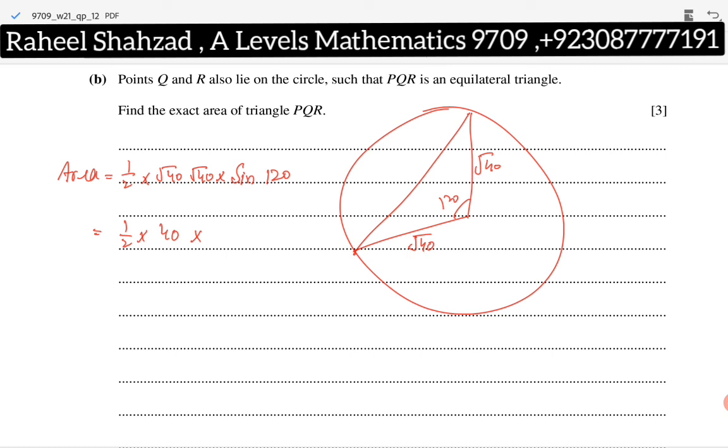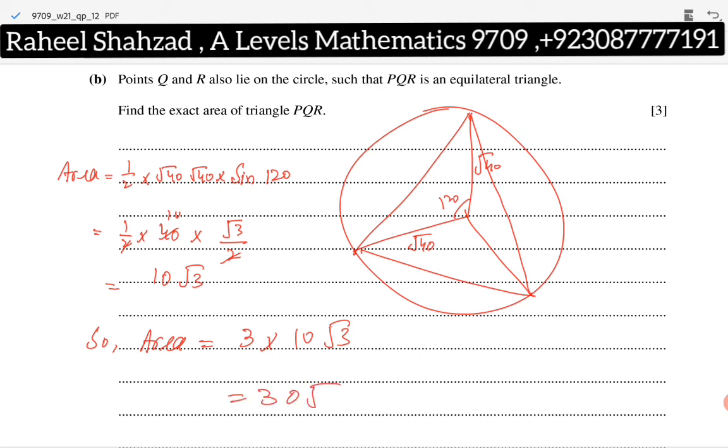So sine of 120 is equal to under root 3 by 2. So it is going to be 10 under root 3. So area is equal to 3 times, because we have 3 triangles. Okay, 10 under root 3 times 3 is equal to 30 under root 3.